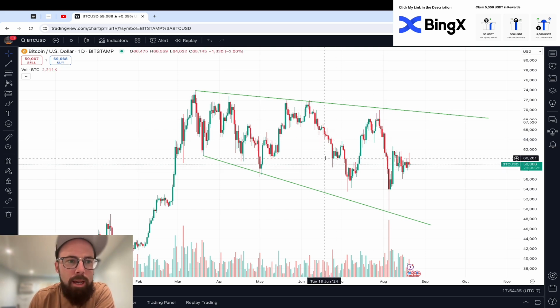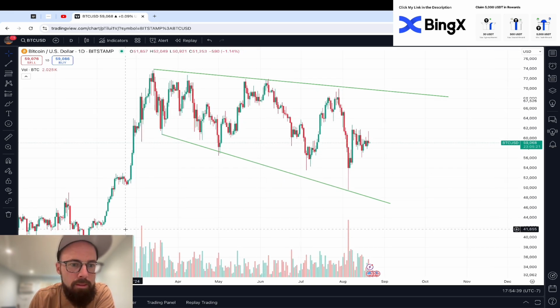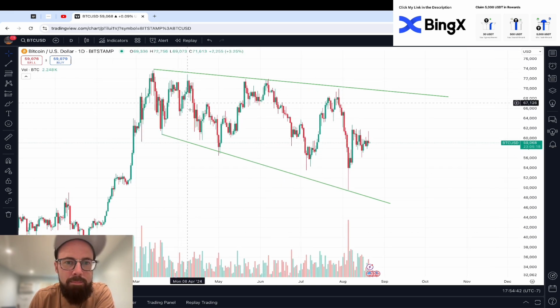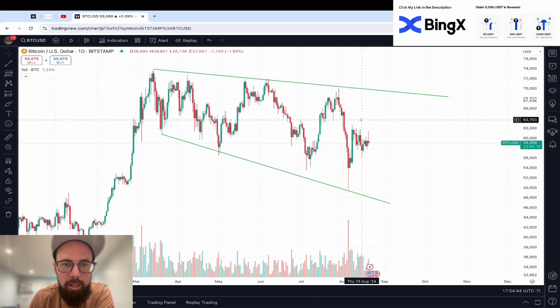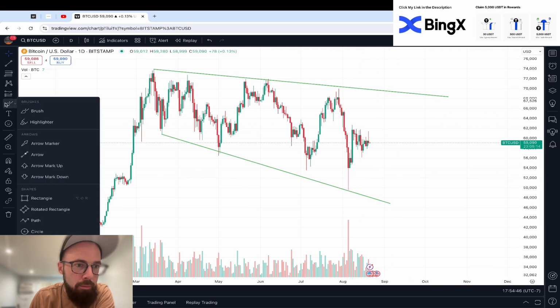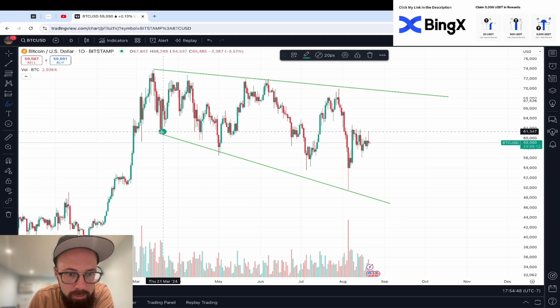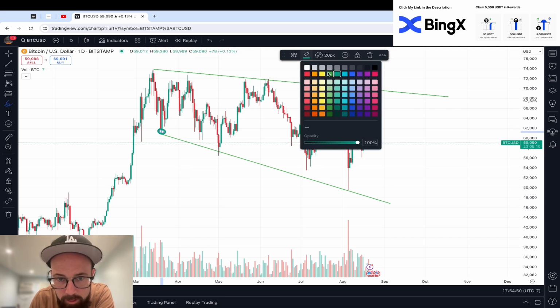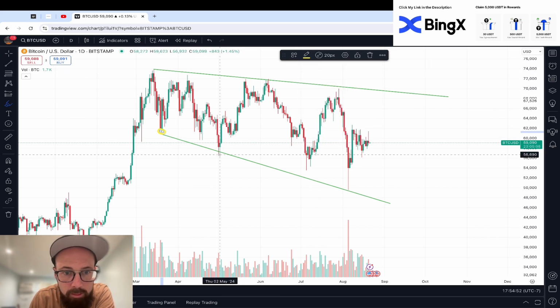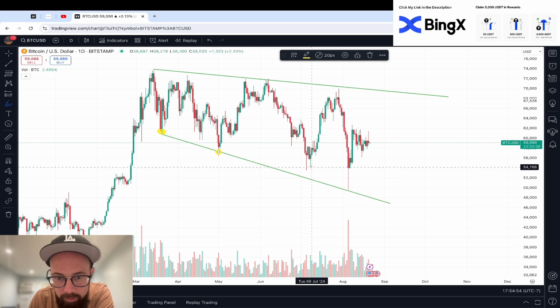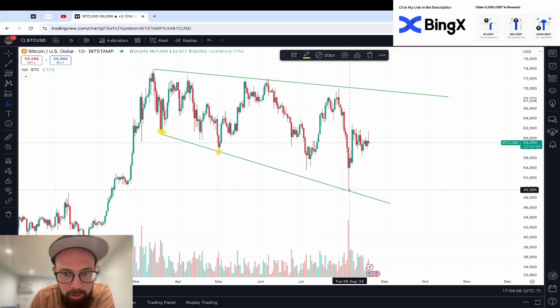So check this out. Bitcoin on the daily. All right. So it's in an expanding wedge. That's what it's in. You have one touch point, second touch point, missed by a little bit there, third touch point.